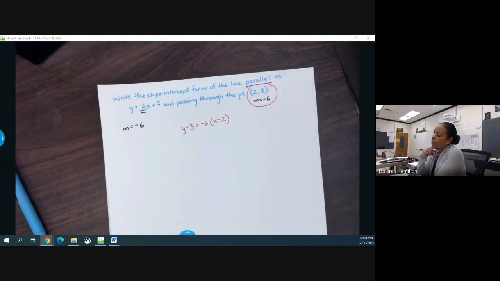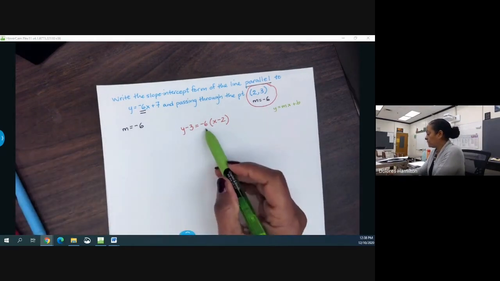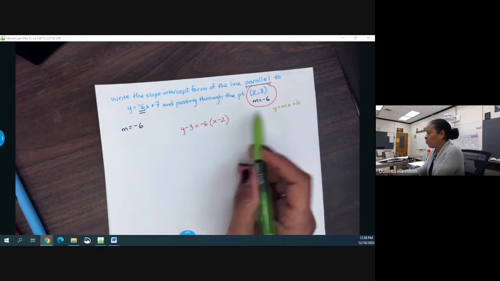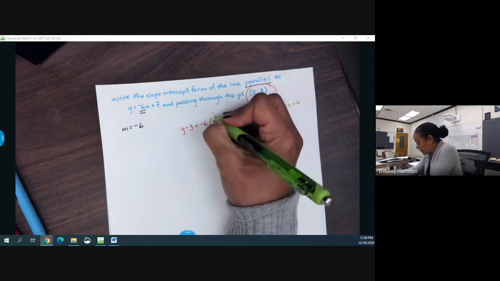And our point slope equation looks like that. So now we just need to transform that into slope-intercept form, remembering that that's y equals mx plus b. So we're going to distribute the negative 6 to get our y by itself and to combine the like terms.